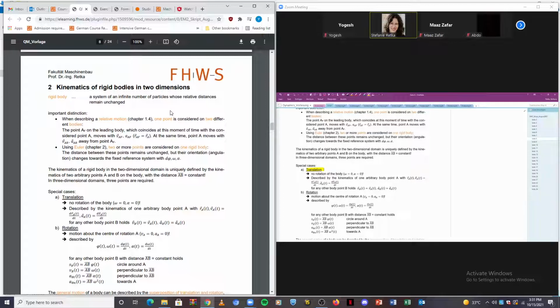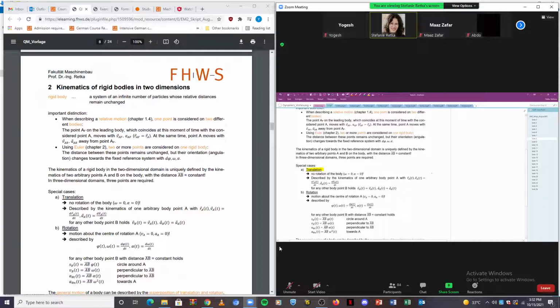So our rigid body moves with a specific velocity and acceleration along a certain line. It does not mean it moves along the x-axis or along the y-axis, but it moves on a straight line somewhere through our 3-dimensional or 2-dimensional domain.